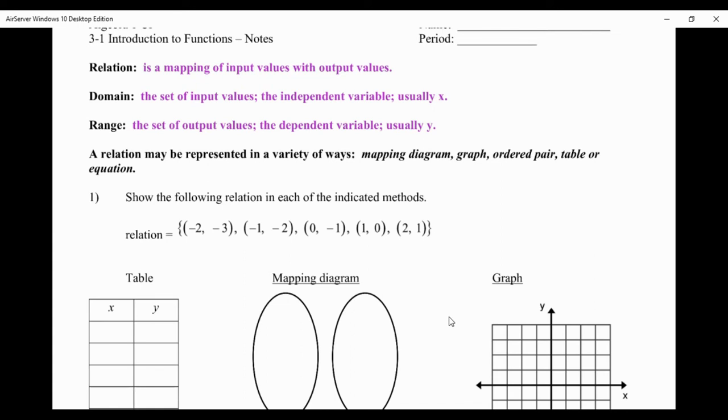So we can represent a relation in a variety of ways. We can represent it as a mapping diagram, as a graph, as ordered pairs, a table of values, or even an equation. This data set here is an example of a relation being expressed as ordered pairs.